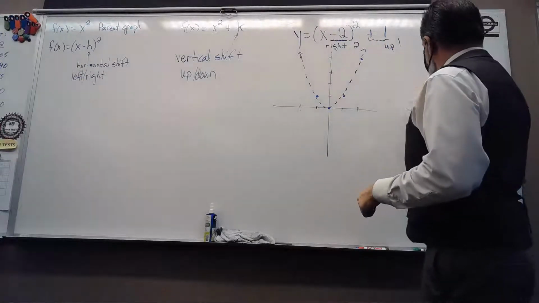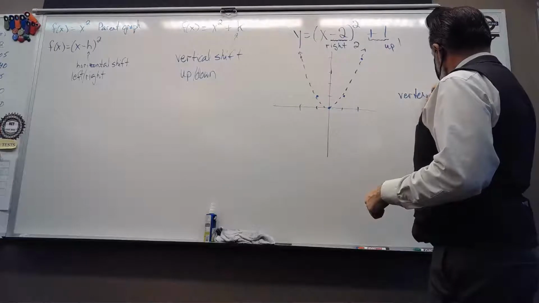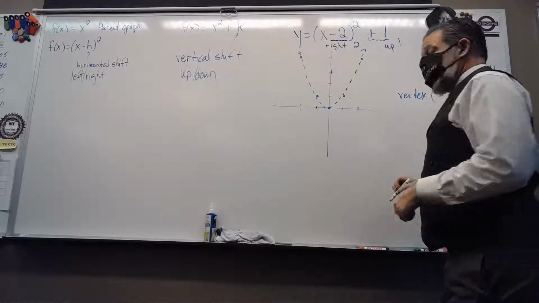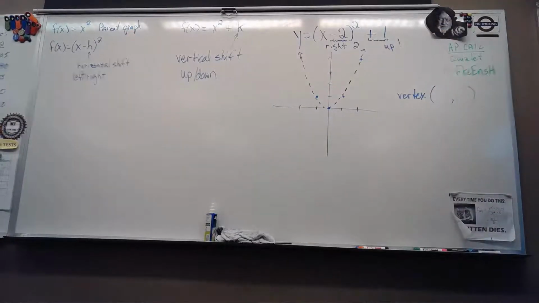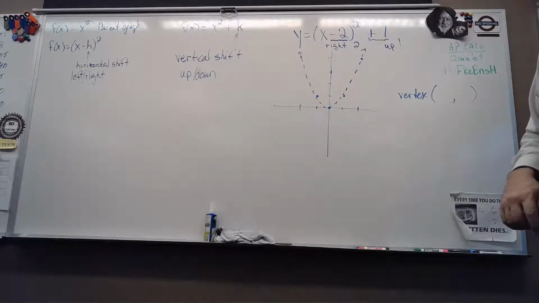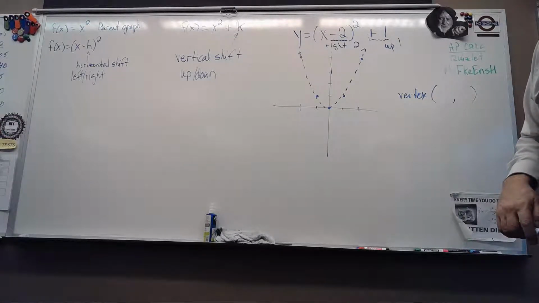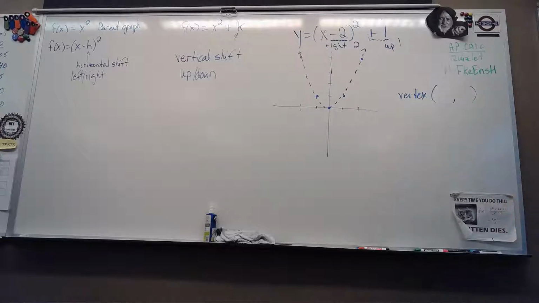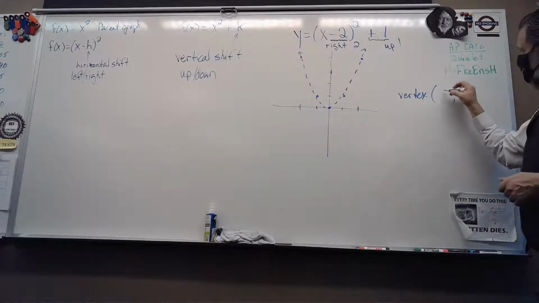So the vertex is going to be where? Think about that. Jot it down on your page. I'm going to ask somebody in just a second. Where's the vertex if I move the whole thing 2 to the right and up 1? Xander? I think it'd be like 2, 1.